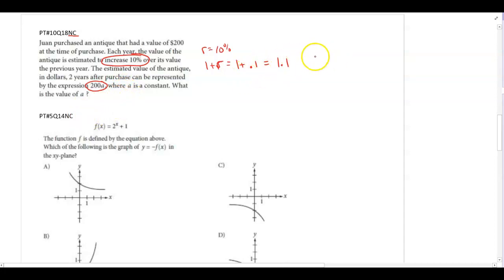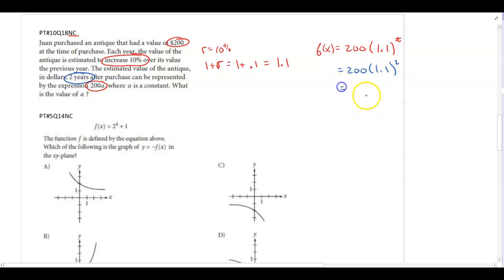What they expect you to do is to write the exponential function. F of x equals, our initial amount is 200 times our B value, which is now 1.1 to the t power. But what you have to know here is the 2 years. So when I do this, that would be 200 times 1.1 to the second power.